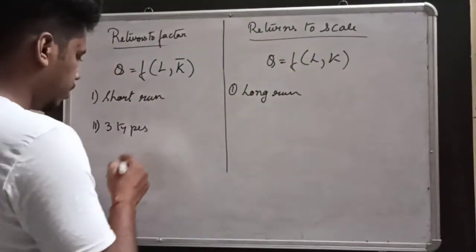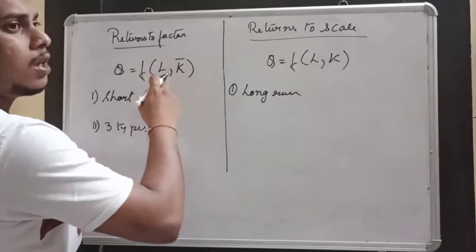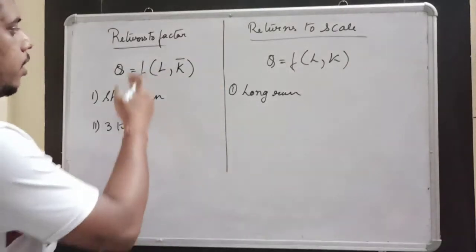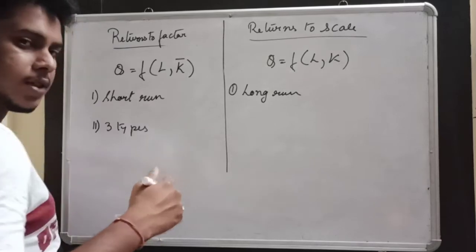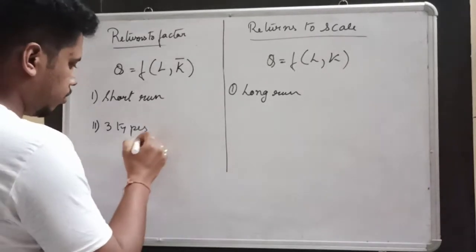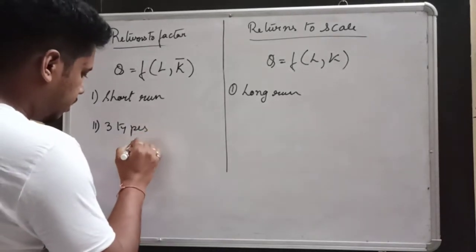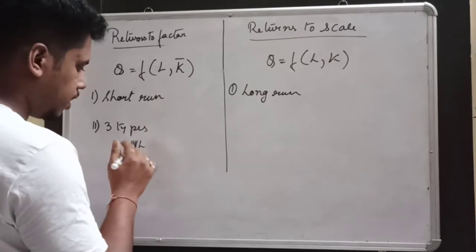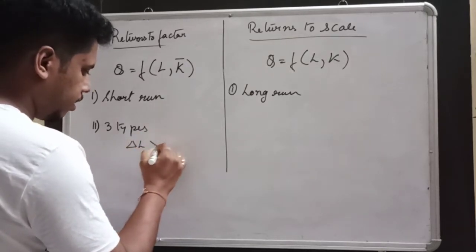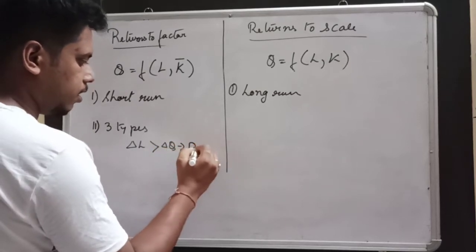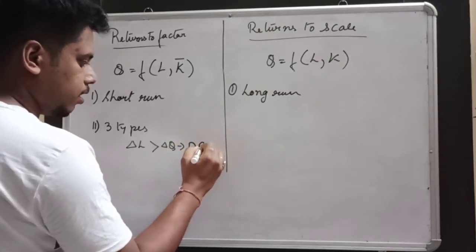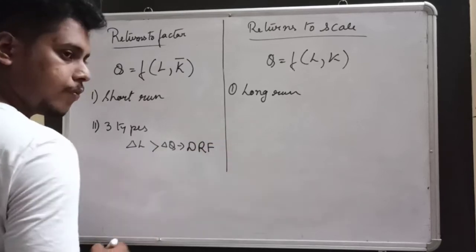So over here, let us consider the variable input to be L. What I said just a few moments ago implies that if change in labor is greater than change in output, then it implies decreasing returns to factor.